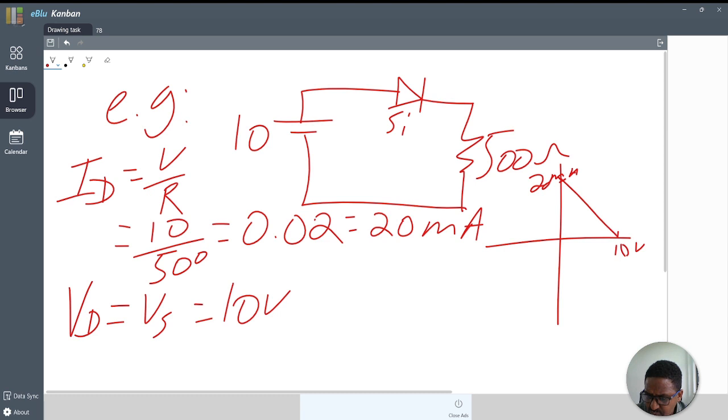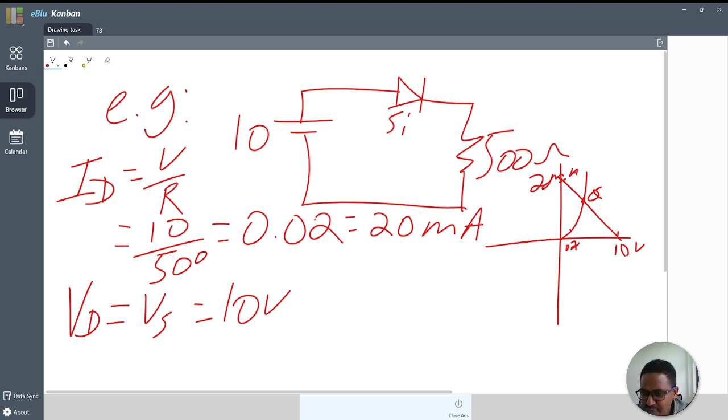Then plot the maximum current and the maximum voltage. Then, as you know, the diode characteristic has 0.7, that is our key point.